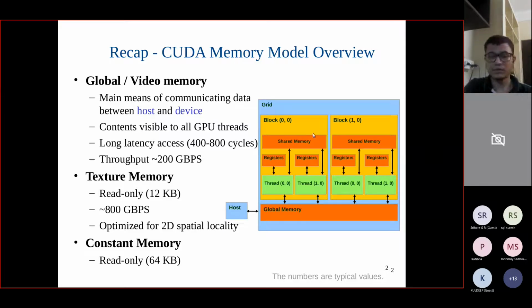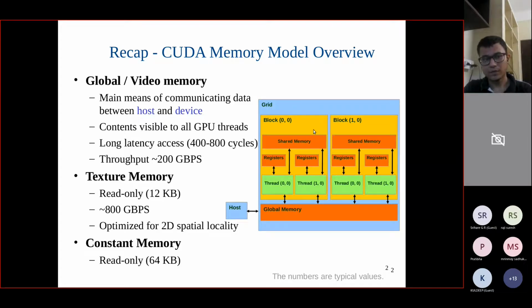Typically, we'll be able to use shared memory to reduce the latency for our applications. We'll see as we go along how to use shared memory and all those things. So that's the similarity between the computational hierarchy and the memory hierarchy.